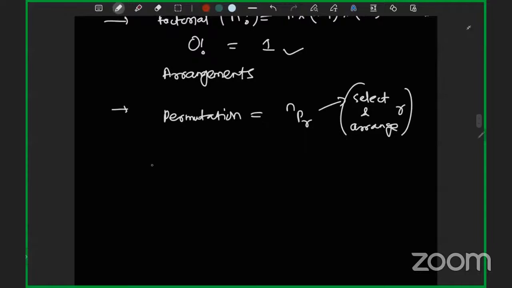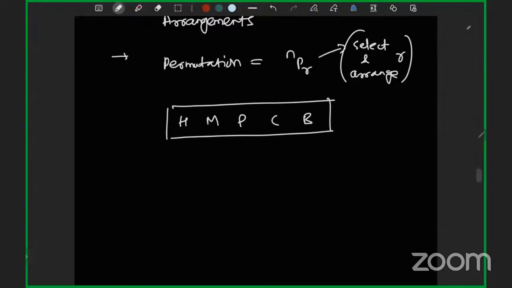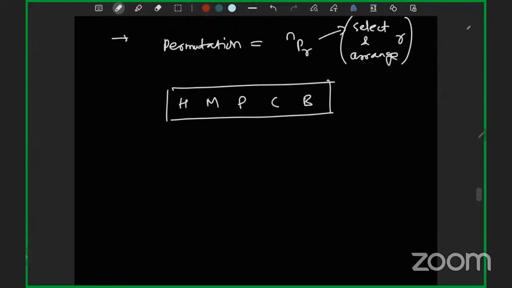Let's say I have 5 books: history, mathematics, physics, chemistry, biology. The question is how to select. Let's say I have a bag in which I want to keep them.